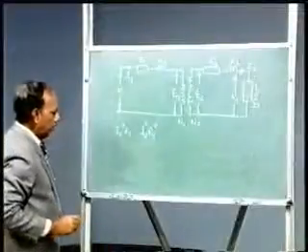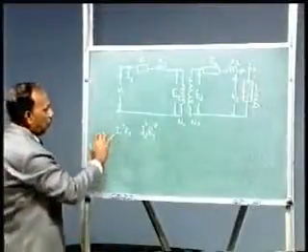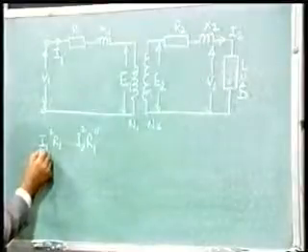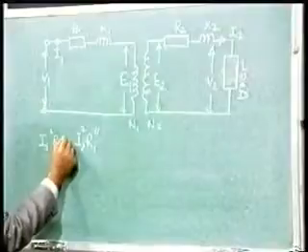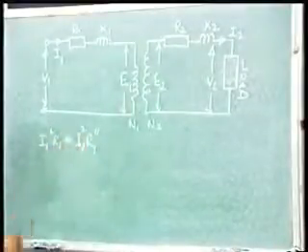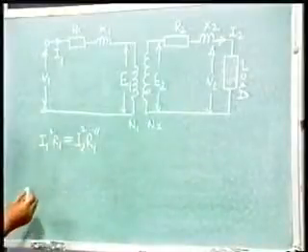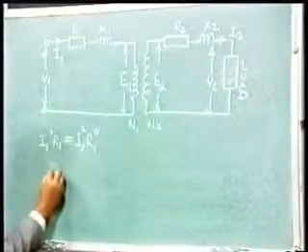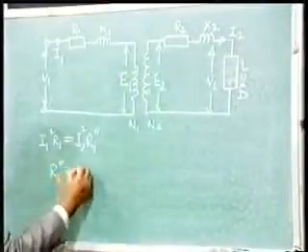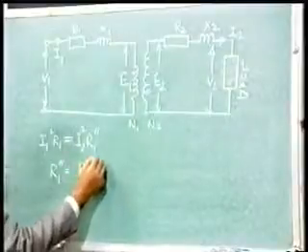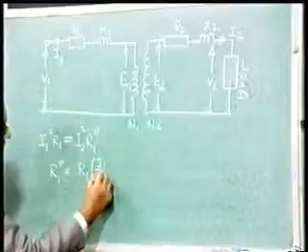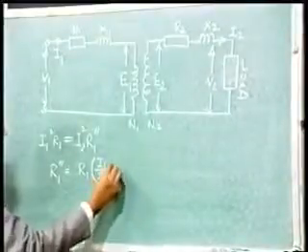into R1 double dash. Now there will be no change in the circuit conditions if I1 square R1 becomes equal to I2 square into R1 double dash. From this equation we get the value of R1 referred to the secondary side as equal to R1 into (I1 by I2) whole square.